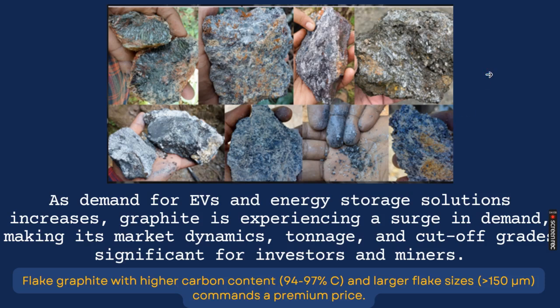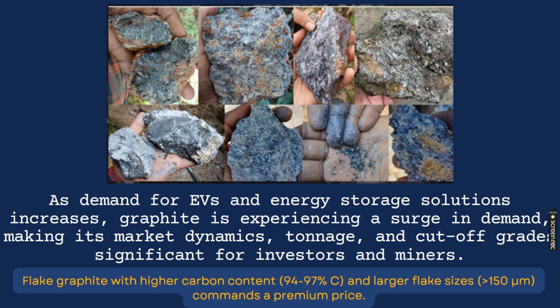So as demand for electric vehicles and energy storage solutions is increasing, graphite will be in high demand gradually, and hence market dynamics will be totally controlled by graphite supply. Tonnage, cut-off grade, these are of course very important parameters.